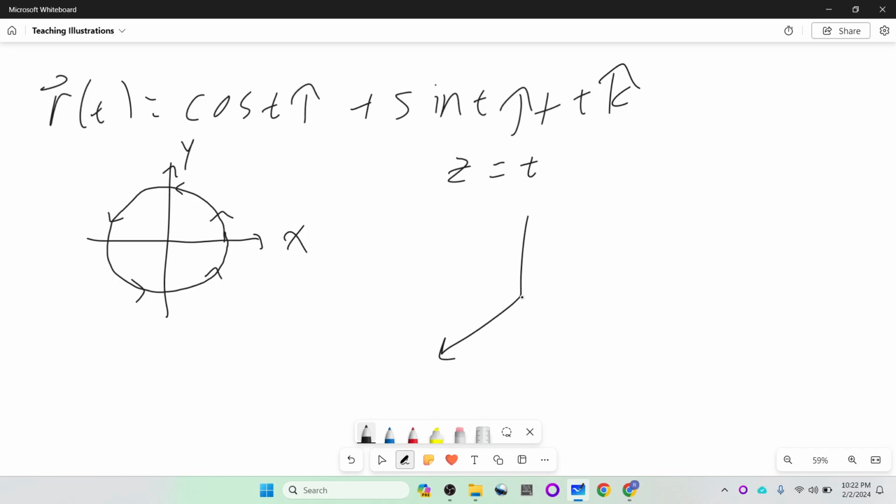So what we get then is our coil. Here's X, Y, Z. And so here is the circle that we will be following. But in fact, we'll be going up as we go. So it'll look like this.